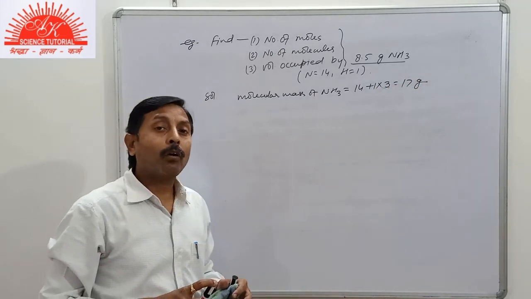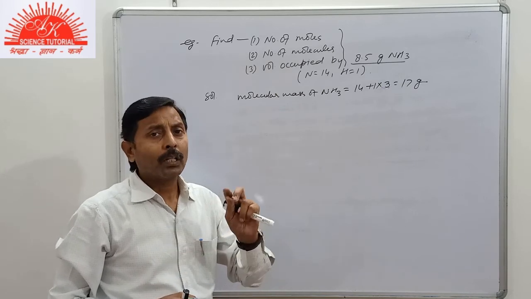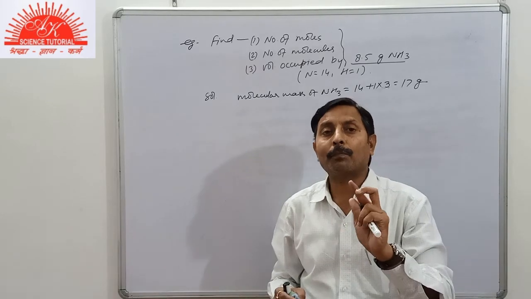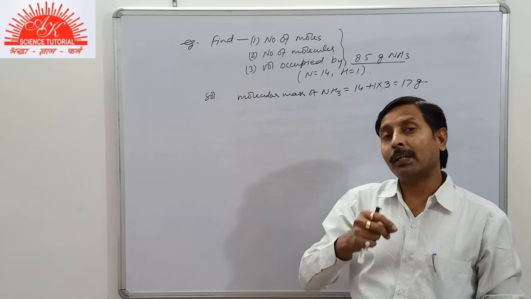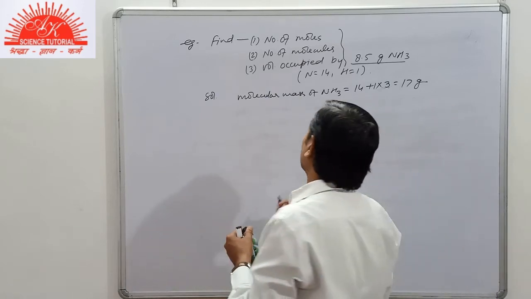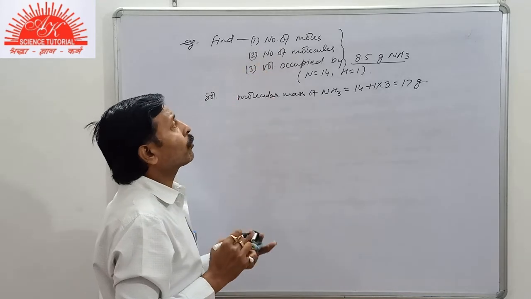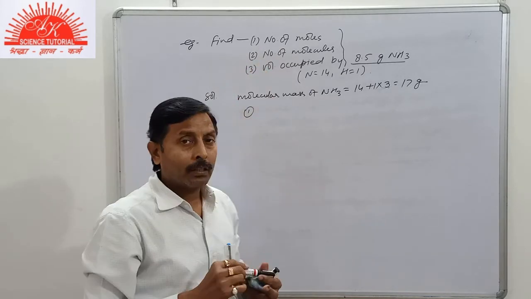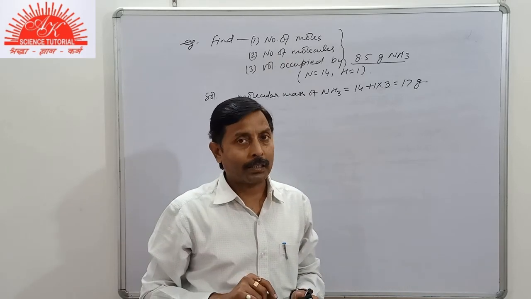Now just recall the relationships. Whenever you have to use the mole concept, just go through those 4 lines of interrelationship written in the mole concept. Keep on learning it, keep on revising it regularly. Now in the first part we have to find the number of moles. Recall here, 1 mole of a substance is equal to the gram molecular mass.